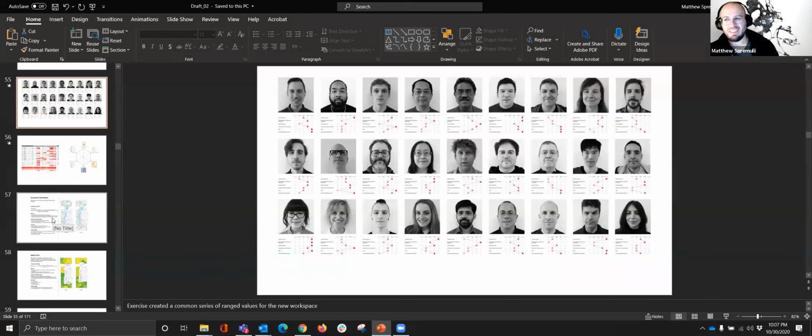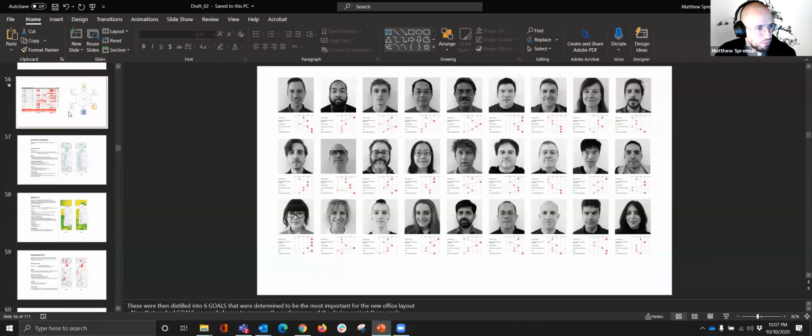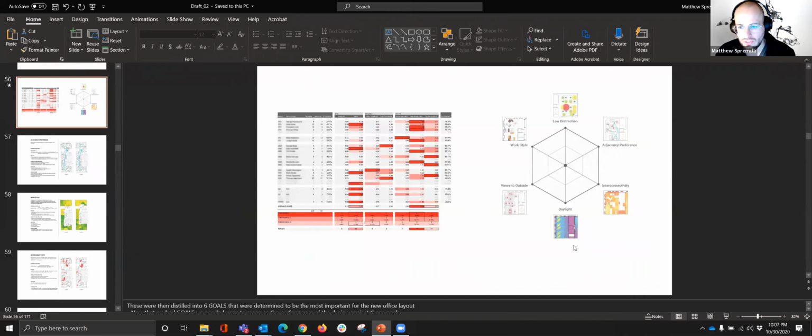And then the design of the layout itself, especially with the more simple goals like views to outside and daylight, probably only a couple of months, maybe even shorter than that. But it was really these other goals that were harder to calculate. I see.